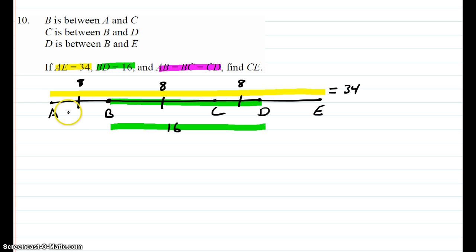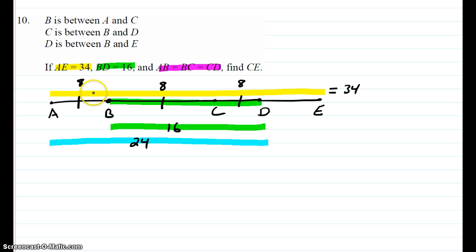And so now I know from here to here is 8, from here to here is 8, and from here to here is 8. The only thing I don't know is DE. So 8 plus 8 plus 8 equals 24. And so that means from A all the way to here is 24.